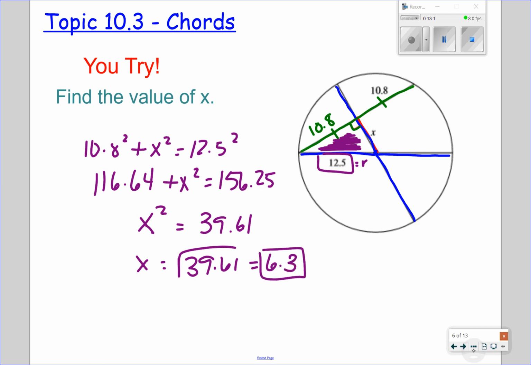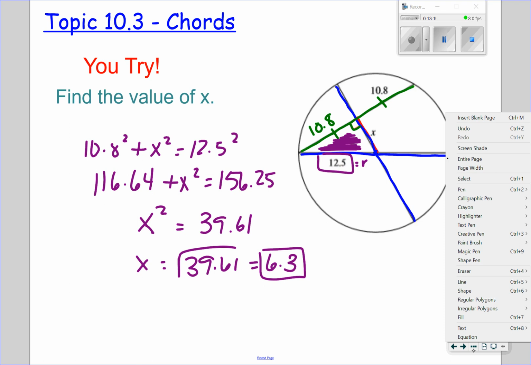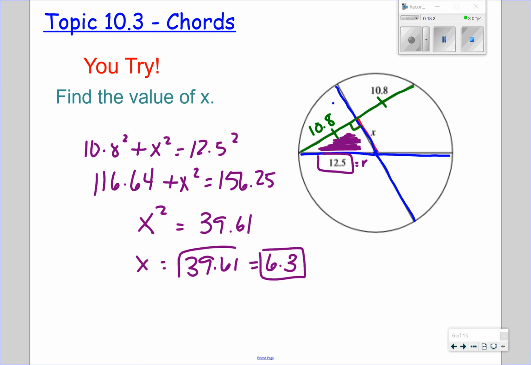Now let me give you a little hint here. This will be a problem that you might have later on a test or a quiz, but the problem might actually ask you to find this guy. So if we were to try to find this guy, well, we know all of our blue segments in there were the radius. We know our radius is all equal to 12.5, and if we know that x is equal to 6.3, let's just go ahead and call this mystery piece y.